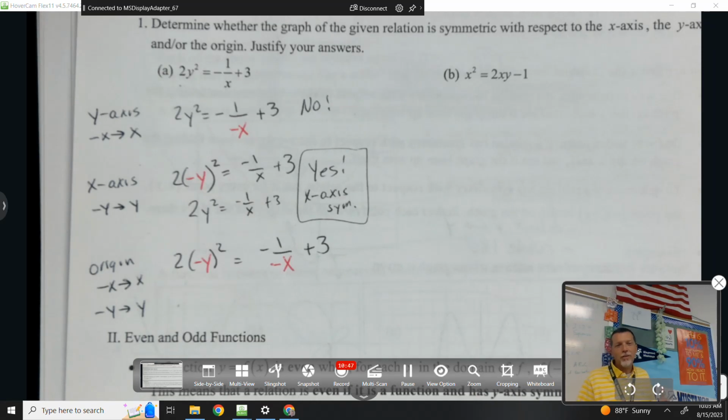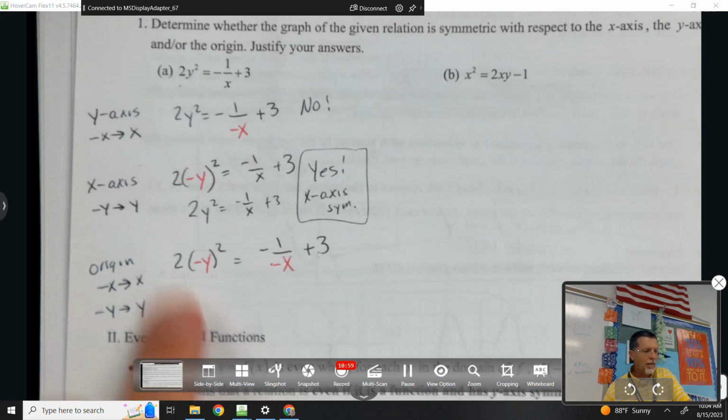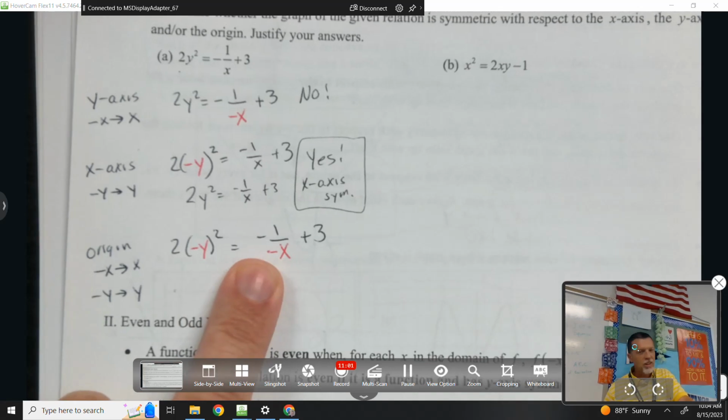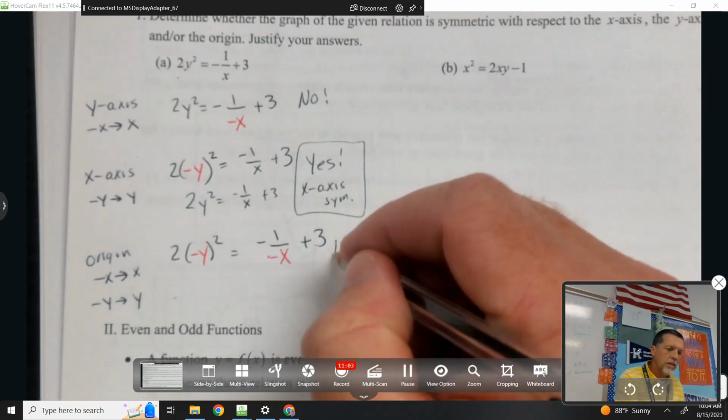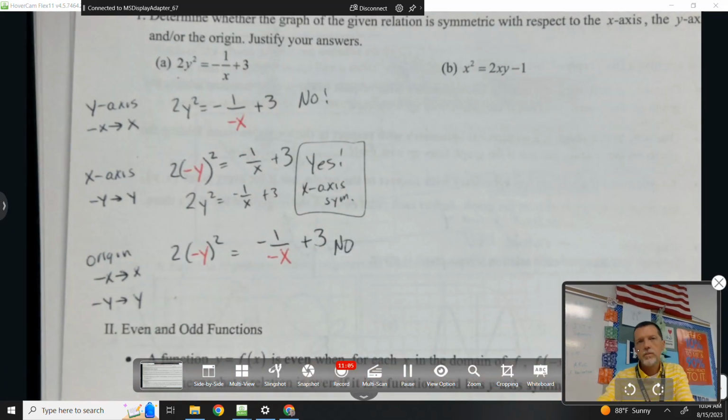Even though it feels like I really messed up that equation, depending on where they are, they work it out. Sometimes yes, sometimes no. This time, is this a yes or a no? That's a no. That one gets fixed, but then you're still stuck with that negative, so that one's a no. Dylan, did you have a question?